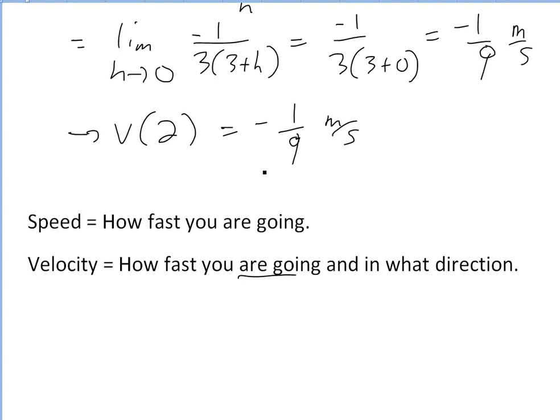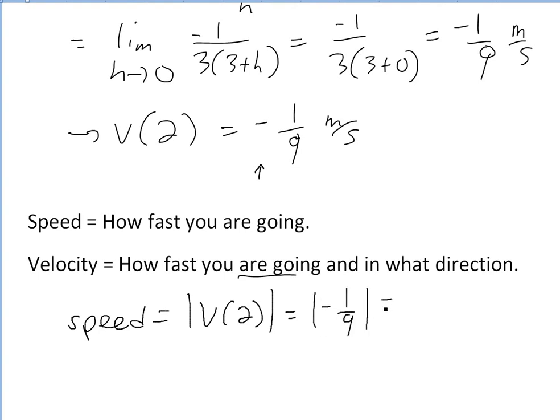This includes this negative sign, and thus the speed equals the absolute value of the velocity, because we don't really care what direction. So the absolute value of the velocity at 2 seconds is the absolute value of negative 1 over 9, and this equals 1 over 9 meters per second. That's basically the answer.